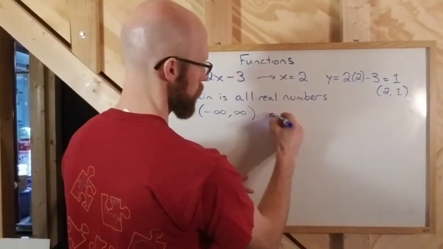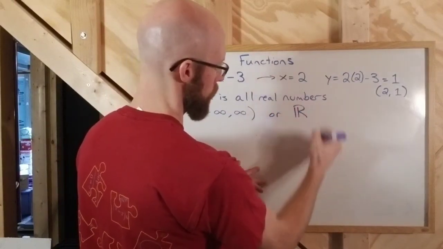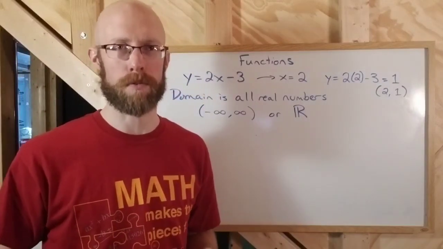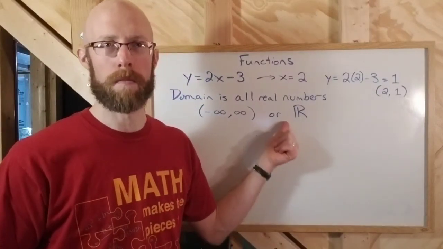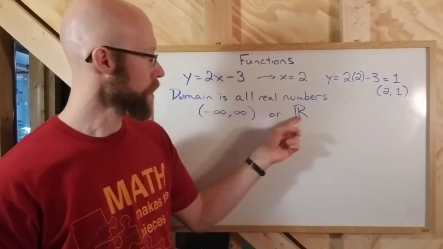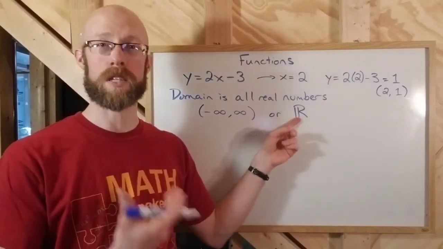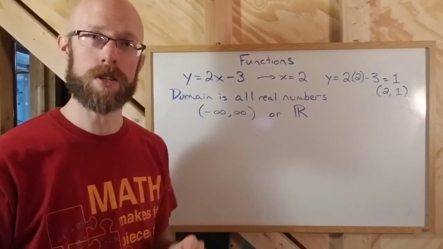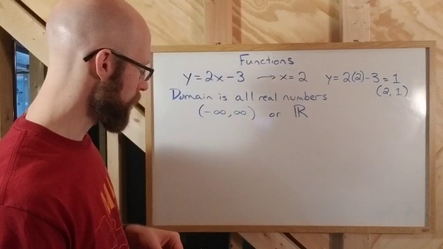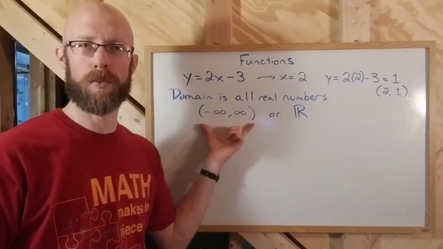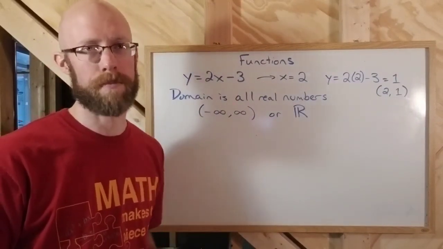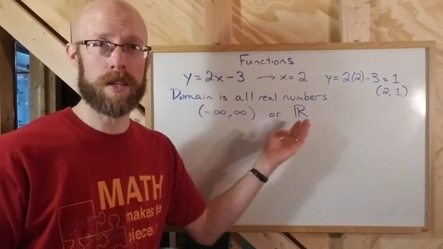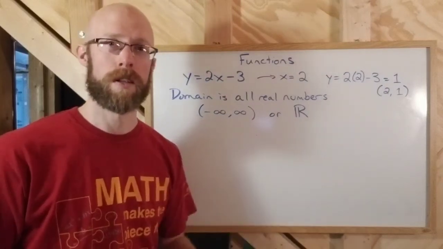Or we could represent it with a capital bold-faced R. We kind of use these 2 lines on the vertical part to make it bold. But this symbol represents the real number set, the set of all real numbers, the whole real number line. So you can use either of these notations. I think a lot of times on my math lab it tends to want this notation. For whatever reason it likes that better usually, but you might see the other notation as well. So they're interchangeable, they mean the same thing.